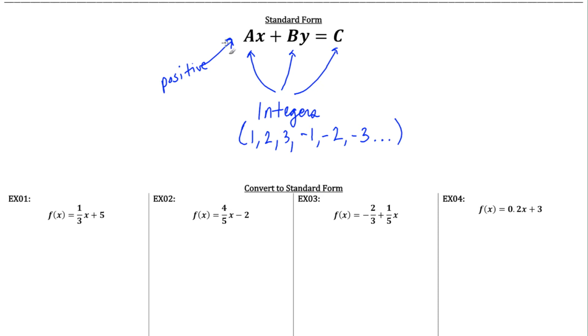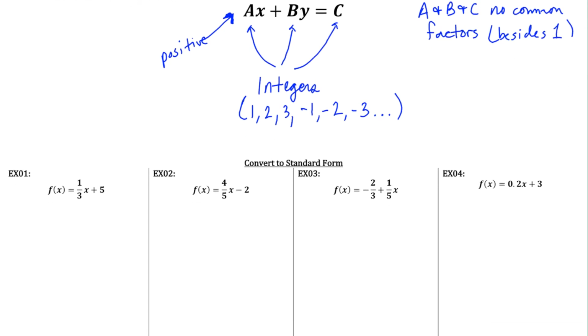Also, A, B, and C have no common factors besides 1. Because you can always divide everything by 1, right?